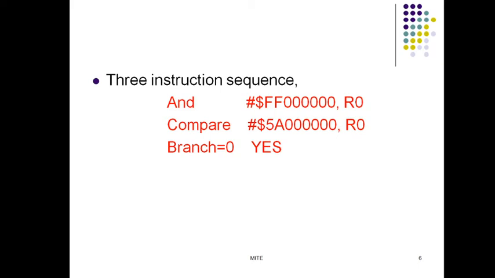Okay, else no. The AND instruction is often used in practical programming tasks where all the bits of an operand except for some specified field are to be cleared to 0. Okay, so in this example the leftmost 8 bits of R0 constitute the specified field. So we were just concentrating on the leftmost 8 bits of R0, checking whether that leftmost character contains the letter Z. So what we were doing, we were converting that Z to ASCII code in binary.